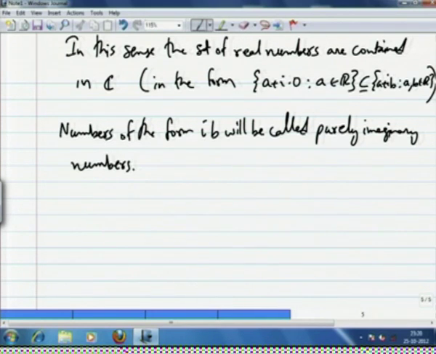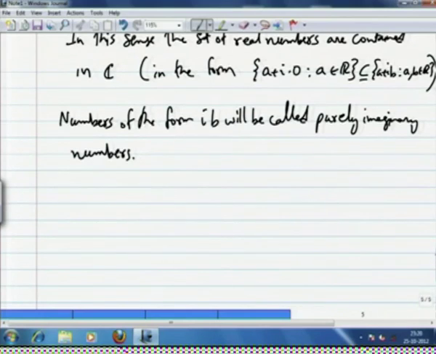So, I want to once again pause here to mention that there is nothing imaginary about complex numbers. It is only that history has given the name imaginary to them, and then that name somehow got stuck, but there is nothing imaginary, they are as concrete as real numbers.